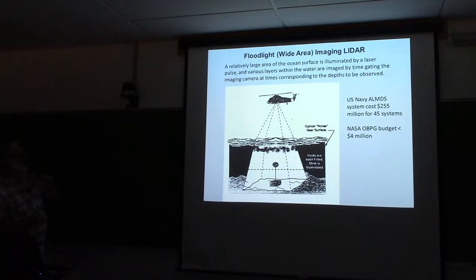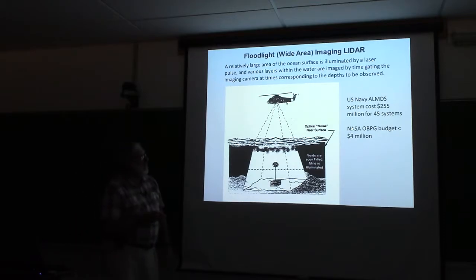Okay, here's just one other example. Floodlight LIDARs, where you're often looking for something like mines in the water. So you fly the LIDAR along and you're generating an image here. Incidentally, I looked the other day, the US Navy just put out a contract to buy what they call the Airborne LIDAR Mine Detection System, AMDS. They're spending $255 million to buy 45 of these systems, and that's just the LIDAR.